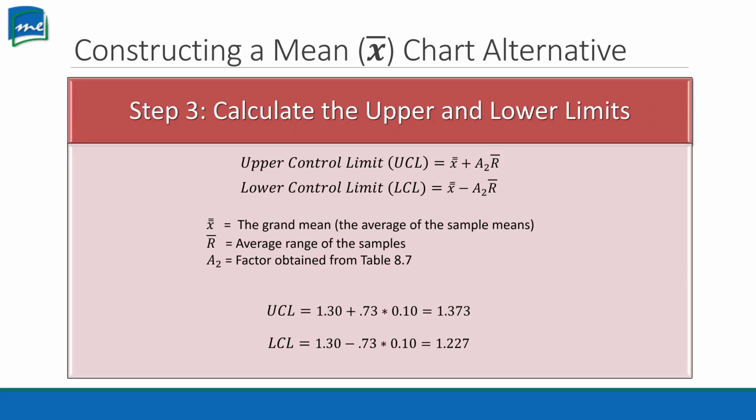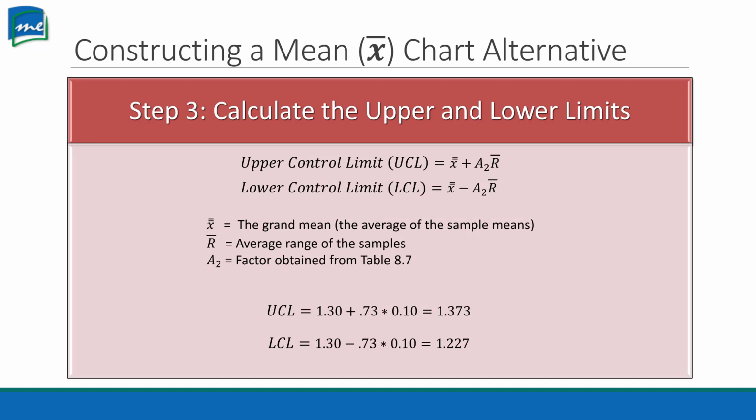So steps 1 and 2 are the same, but step 3, we're going to use a slightly different formula. Our upper and lower control limits, so we have our grand mean, that's the X double bar here, plus our A2 value, which was 0.73, multiplied by our range mean, which was 0.1.